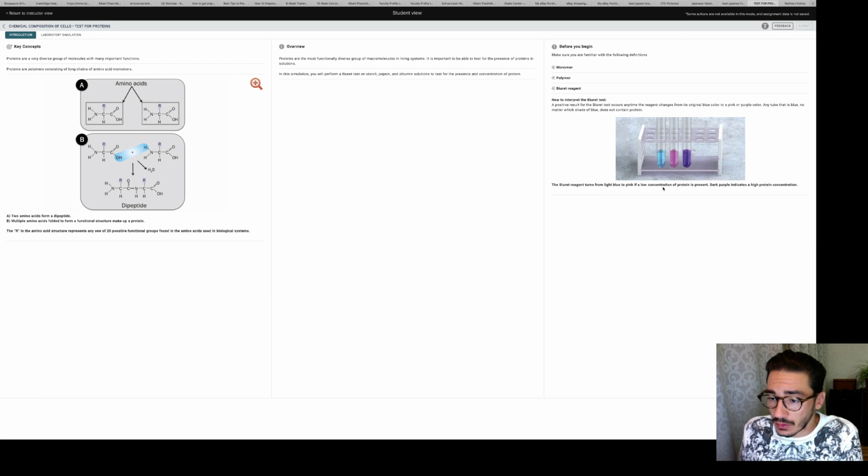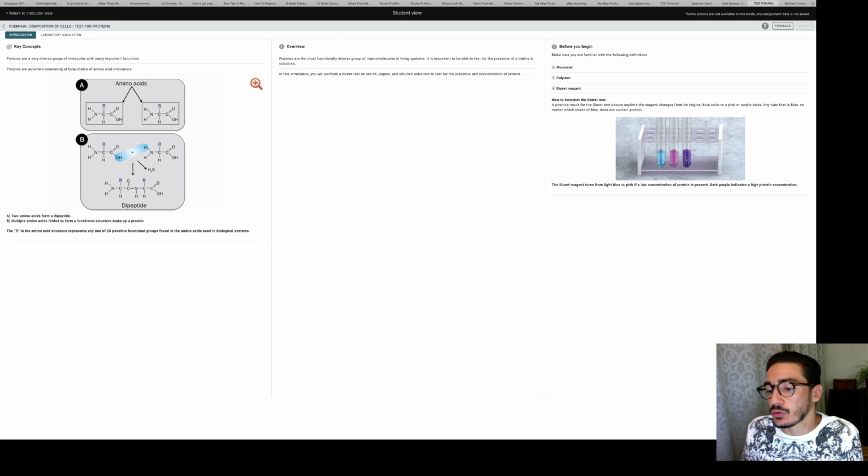Because you also have a pink color if you have not a protein but a peptide. And remember, a peptide is a chain of amino acids which has less than 50 amino acids, right? If you have a peptide in your solution, it's also going to turn pink.